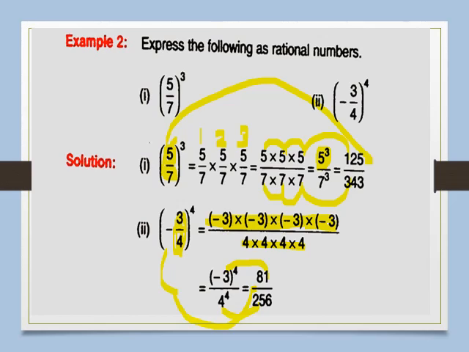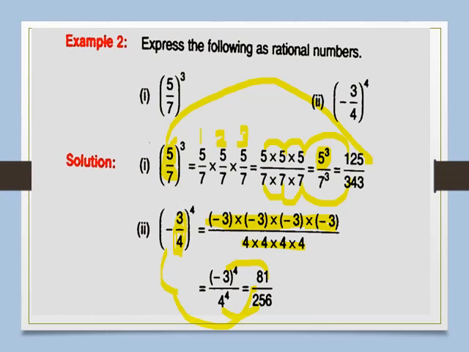Same way the next one, minus 3 upon 4, whole raised to the power 4. So how many times will we write? We will write it 4 times. Minus 3 four times upon 4 four times. So this gives you minus 3 raised to 4 and 4 raised to 4.